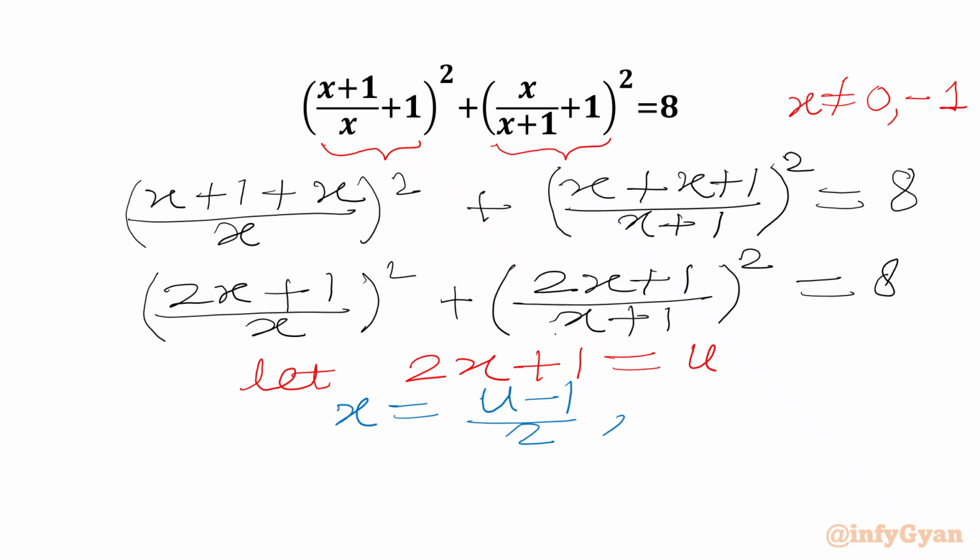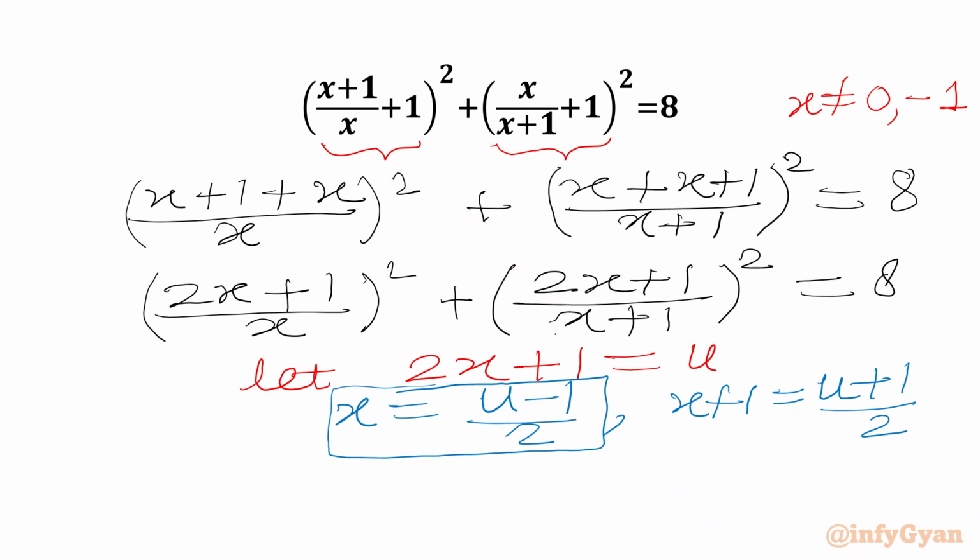So we will add 1 to both sides and find x plus 1 value, which will be equal to (u minus 1) over 2 plus 1. Value will be (u plus 1) over 2. So we have x in terms of u, we have x plus 1 in terms of u, and we have 2x plus 1 equal to u substitution.